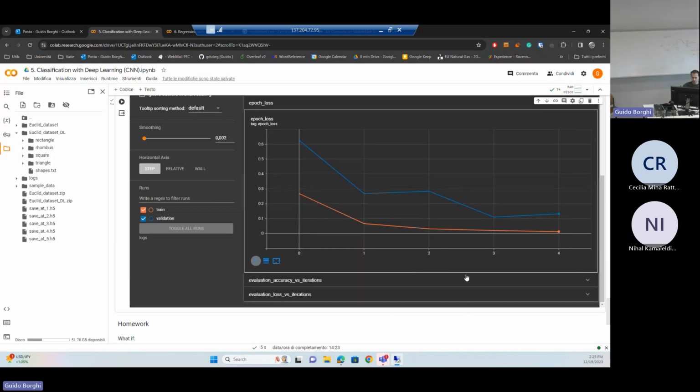And of course, the training curve is lower than the validation curve. And also in this case, it's important to see that after the fourth epoch, we have the minimum loss value that is not in the last epoch. So it's important also to check this plot of the learning curve.